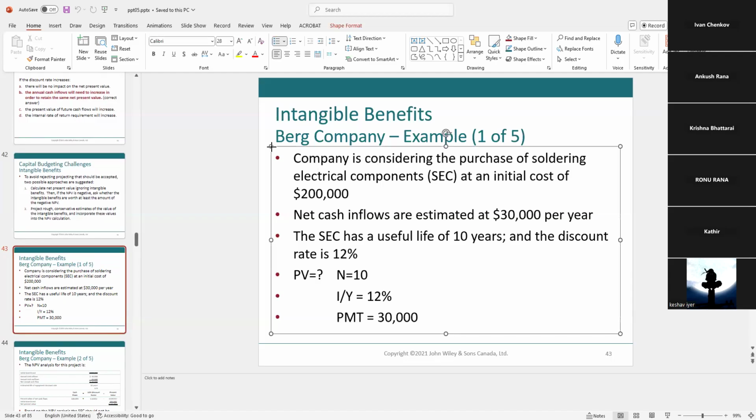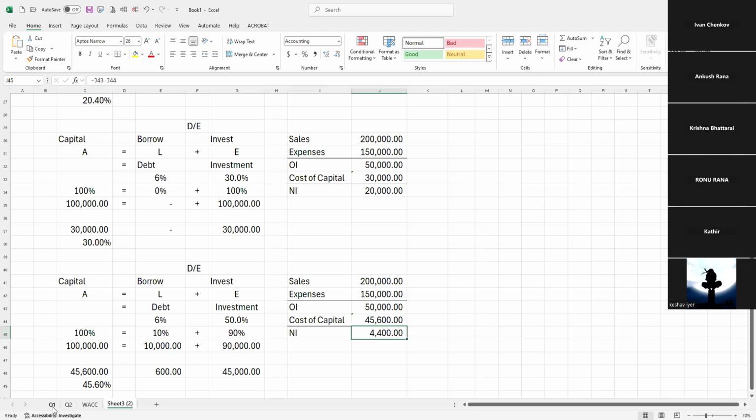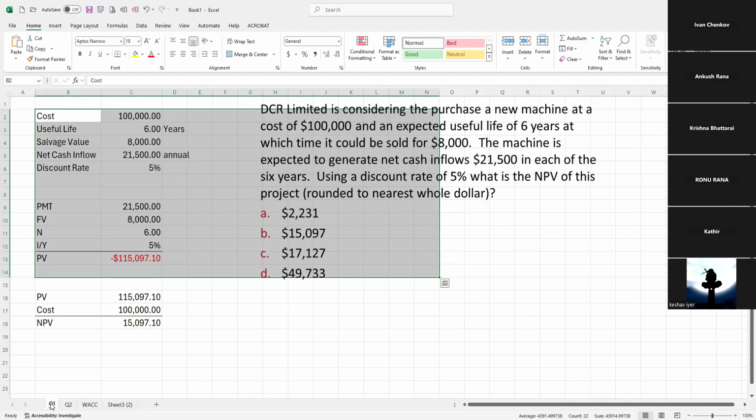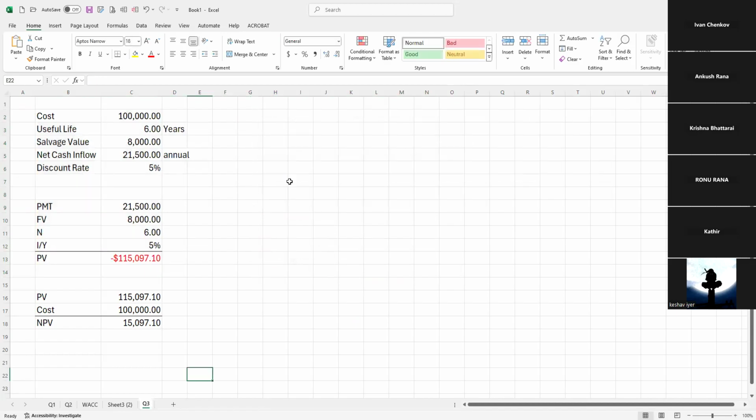Let's see, based on our calculation in the Excel spreadsheet, what's going to happen. I'm going to grab the very first one, flip it right here, and that will be question 3. Eliminate this one and paste the new one.